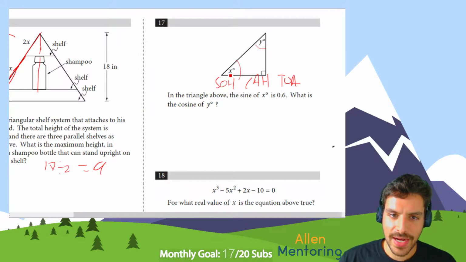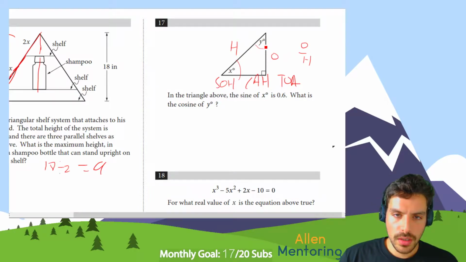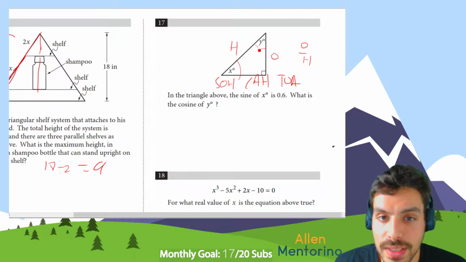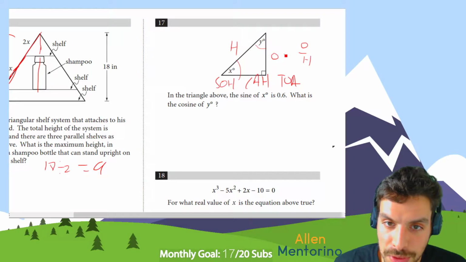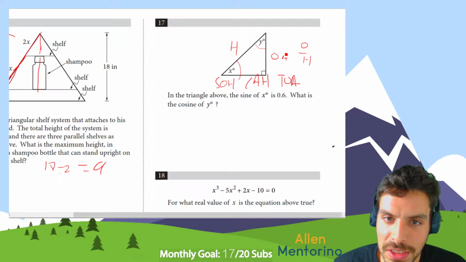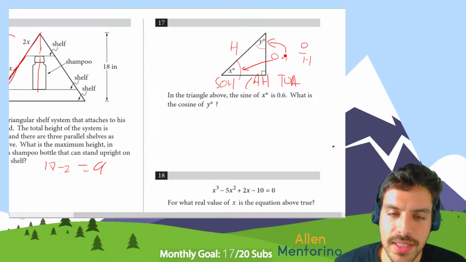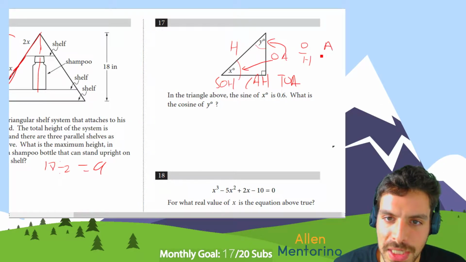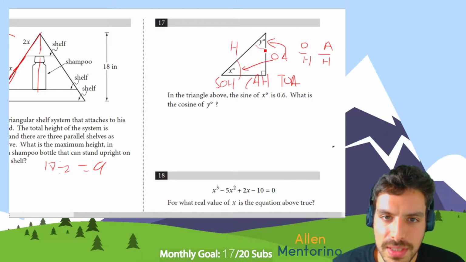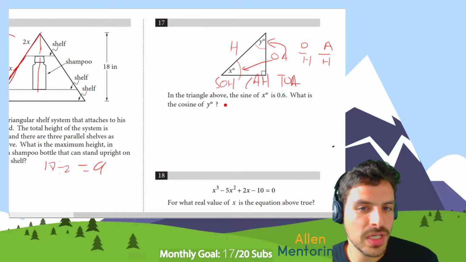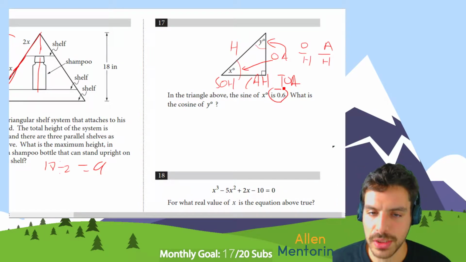Sine of x is equal to the opposite over the hypotenuse, O over H, whereas cosine of y is going to be equal to the adjacent, which is the same side here. This is adjacent to y, and this is opposite of x. So it's going to be adjacent over hypotenuse. But since this side is the same, the cosine of y will also be 0.6.